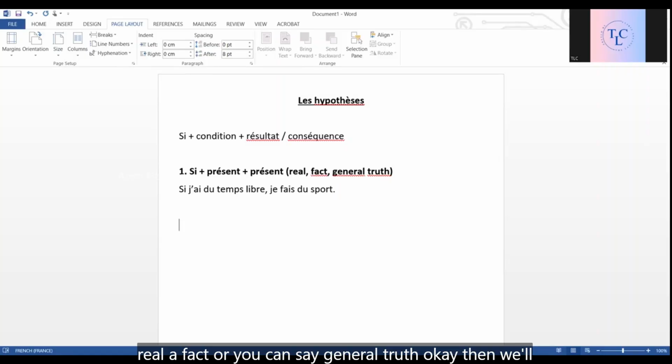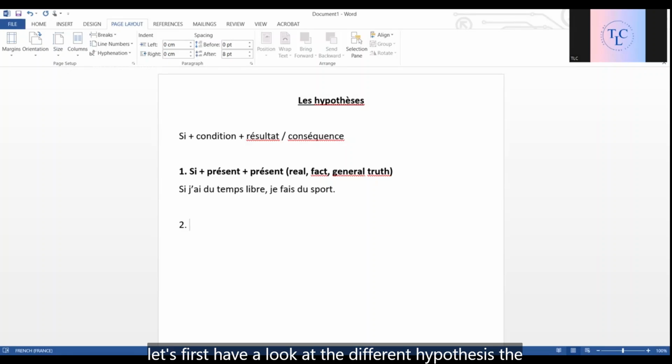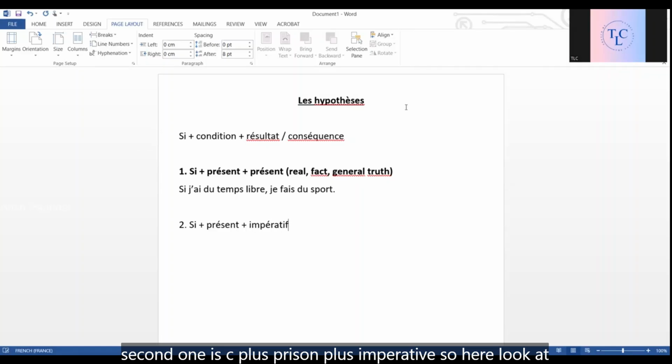Then we'll take more examples for each, but let's first have a look at the different hypotheses. The second one is si plus présent plus impératif. Look at the second part of the hypothèse, impératif or présent.